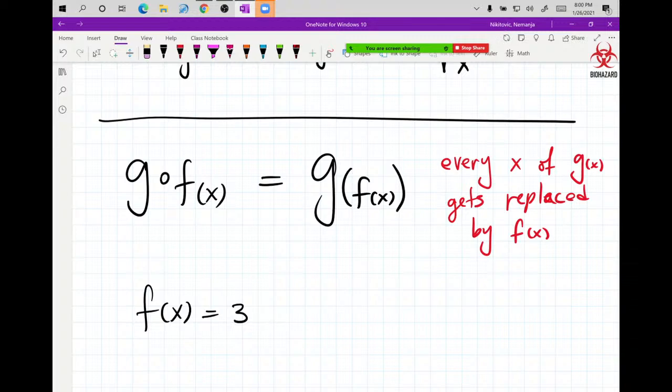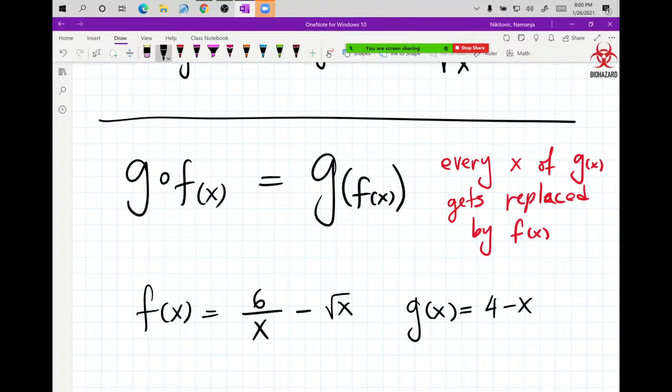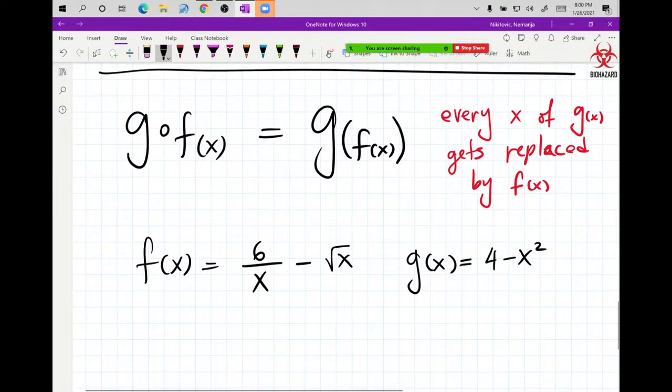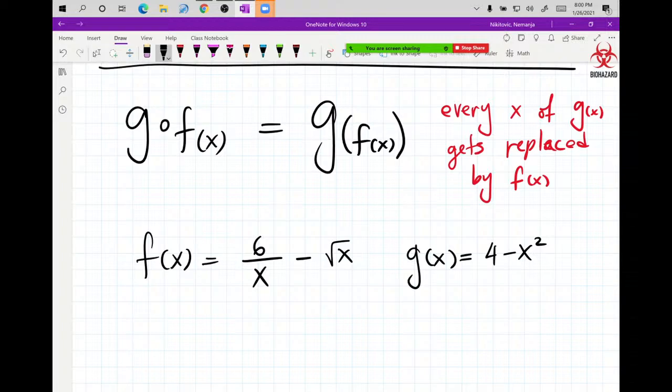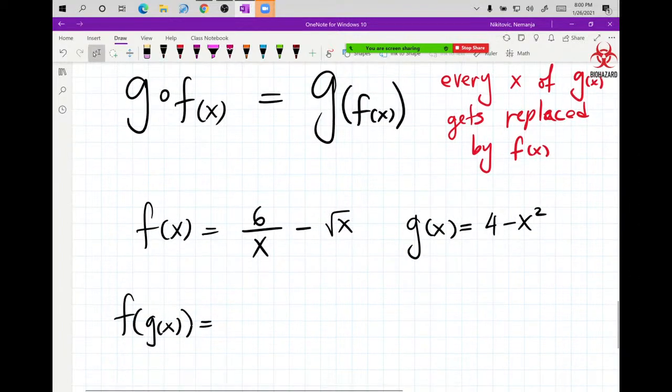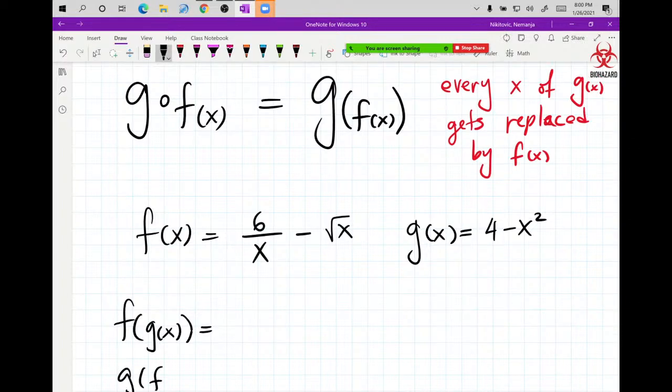I don't know why I always go with 3x squared. How about 6 over x minus root x, and g of x is equal to 4 minus x squared. Compute f of g of x and compute g of f of x.